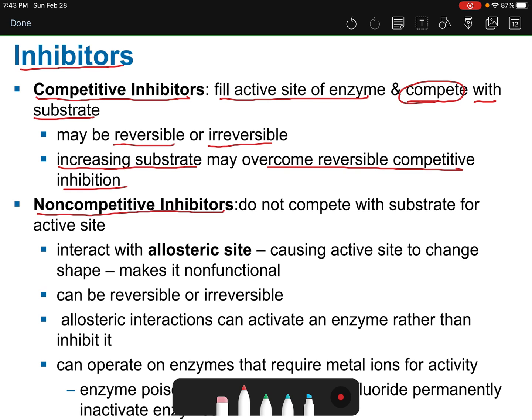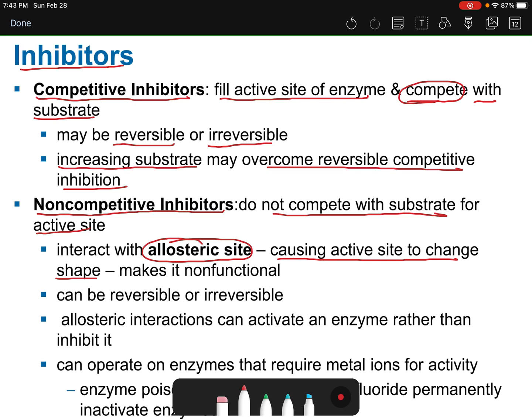Non-competitive inhibitors do not compete with the substrate for the active site. What they do is interact with what's called the allosteric site, another region on the enzyme. These inhibitors hook onto there, and it causes the active site to change shape.